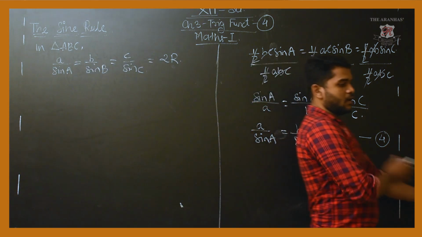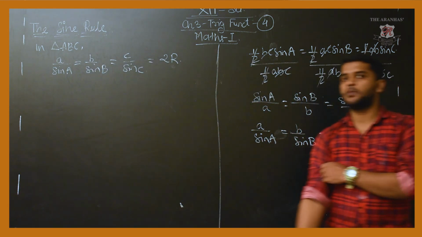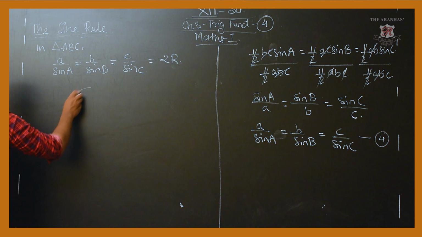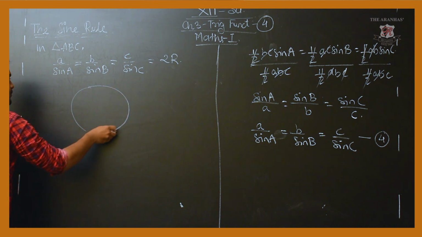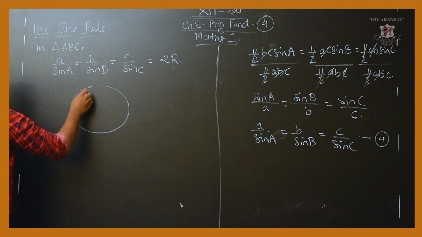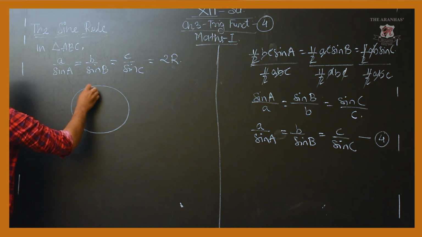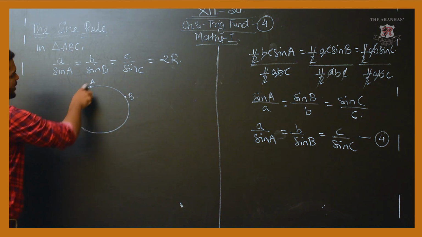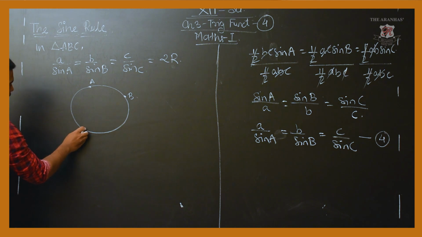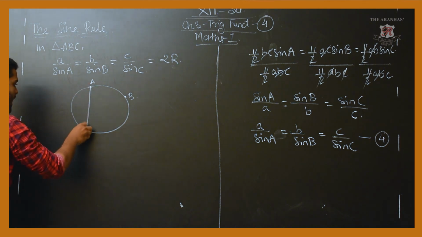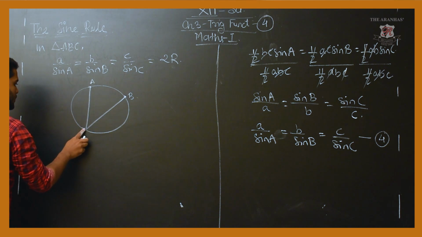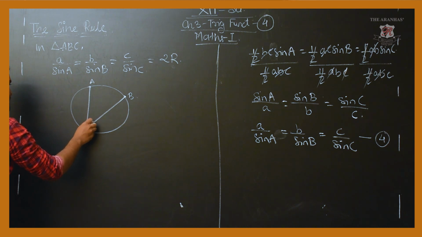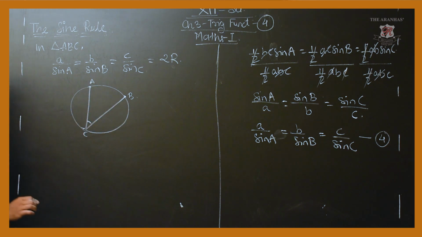That is in geometry. If we have a circle, let we have two points A and B, where AB is the minor arc, and if we draw an angle over here, let's call it C, then this angle C is half of this arc, correct?